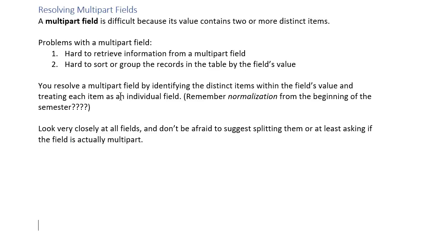So what are some problems with having multi-part fields? The problem is that if you have a field that has data that is multi-part, that is more than one piece of information contained there, it's going to be hard to get the information back out.